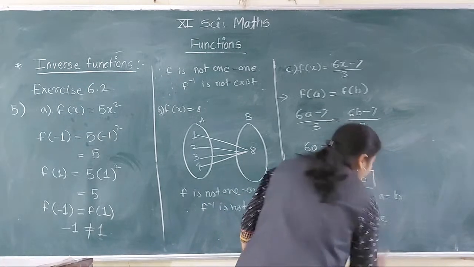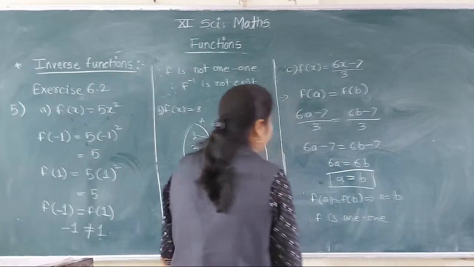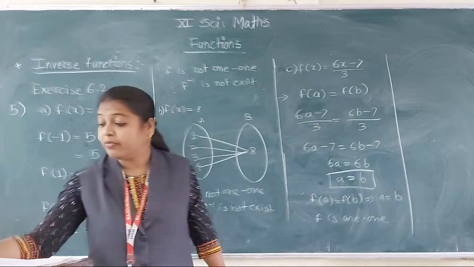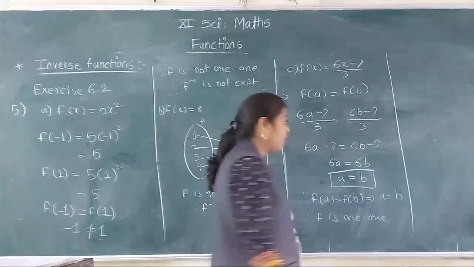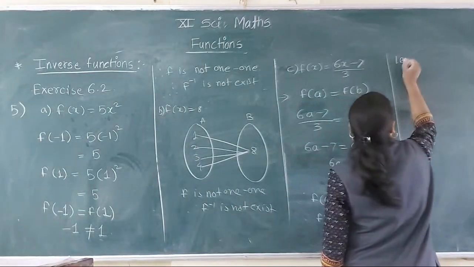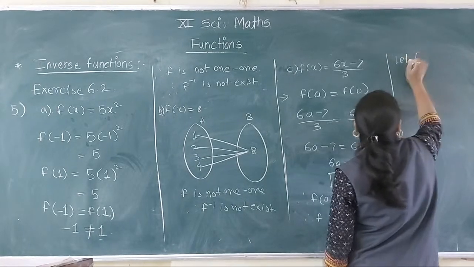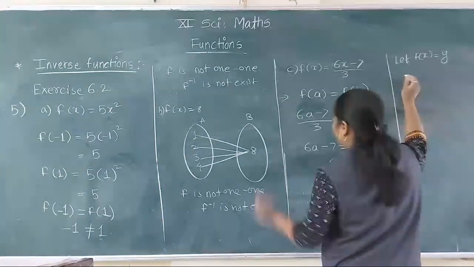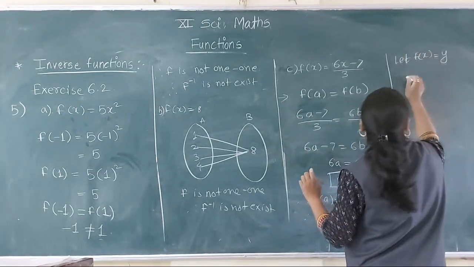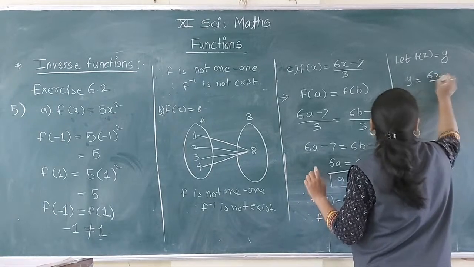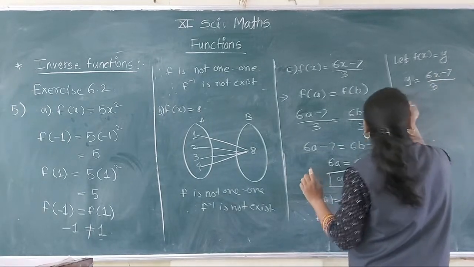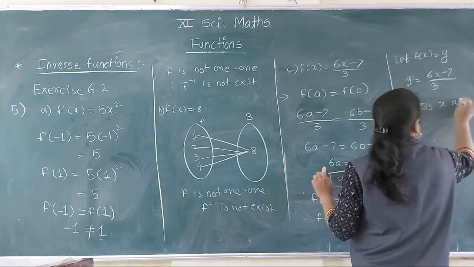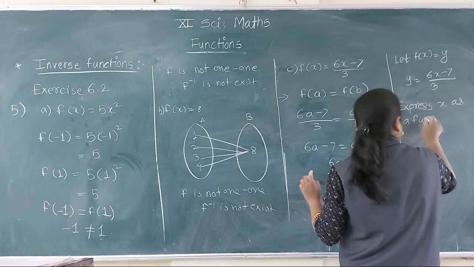That means the function f is a 1 1 function. Now that f is 1 1, we check whether f is onto. Okay, is f onto? Let f of x is equal to y. That is, y is equal to 6x minus 7 upon 3. Express x as a function of y.